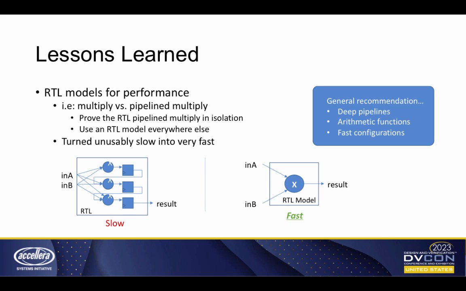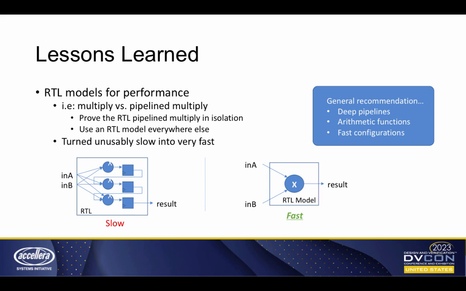Another thing that I did along these lines for performance was I changed parameterizations of specific RTL module instances, again, to shorten pipelines or use narrower bit widths where possible.